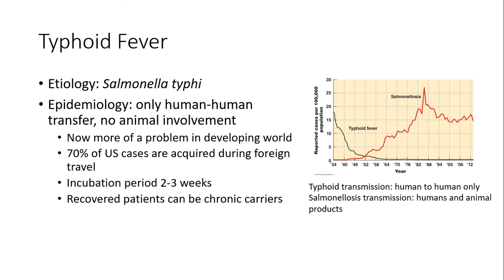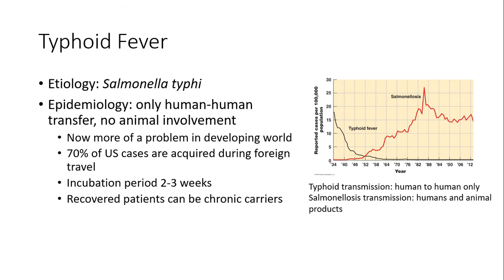It is now, thankfully, more of a problem in the developing world, and I don't say thankfully because I want them to suffer, but I'm thankful that it's less of a problem where we live now because of greater sanitation practices. I would suspect that if sanitation practices improve in the developing world, they would also see a reduction in cases.